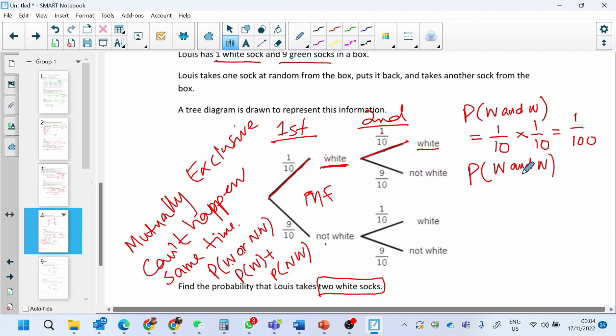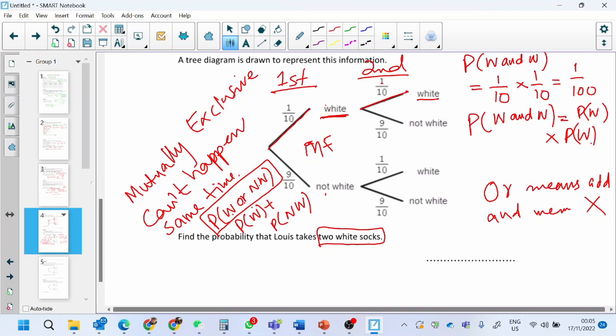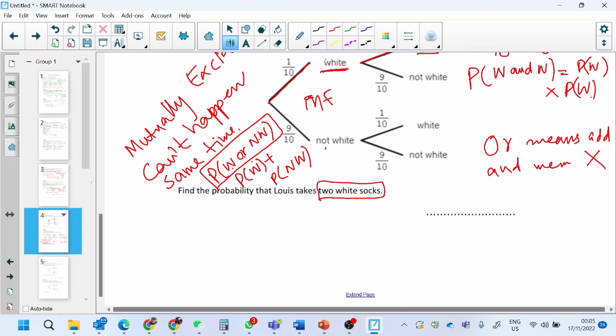So when there is "and", you multiply probability of white times probability of white. So "or" means add the probabilities, and "and" means multiply the probabilities. So the answer here will be 1 over 100.